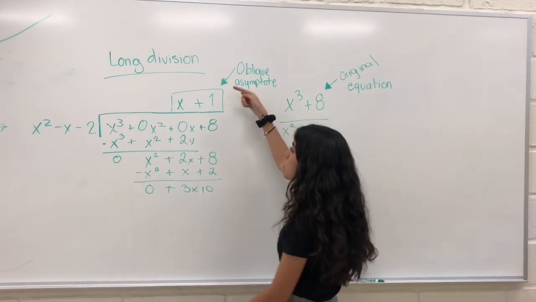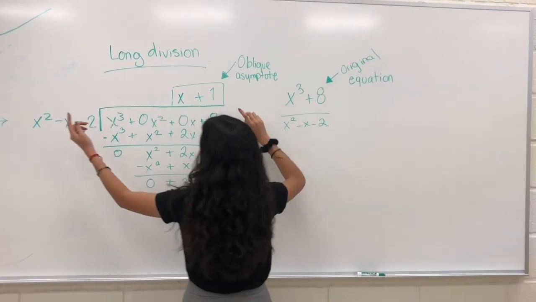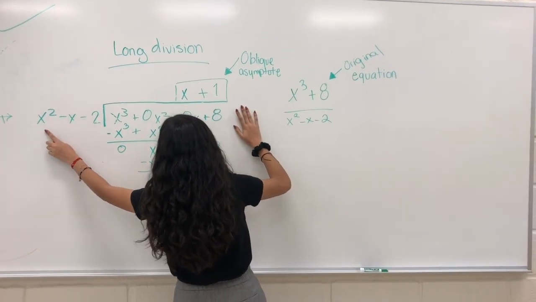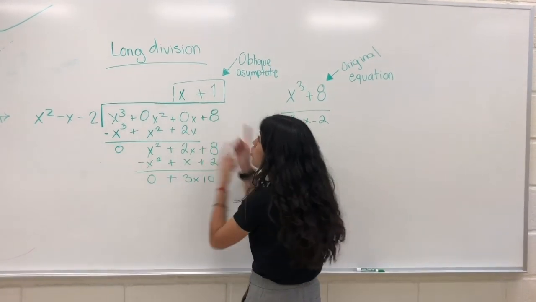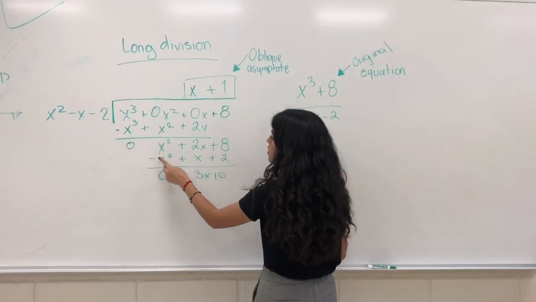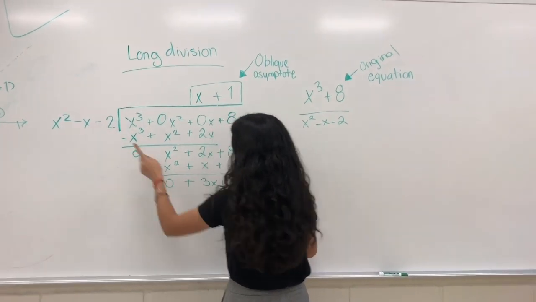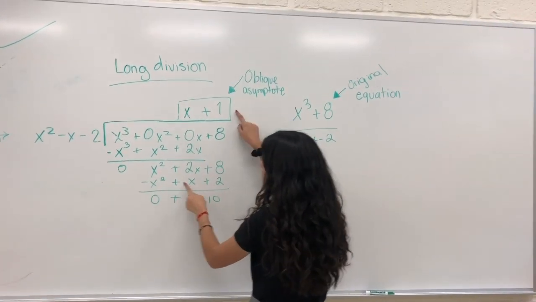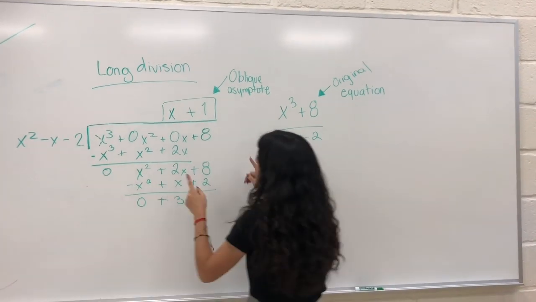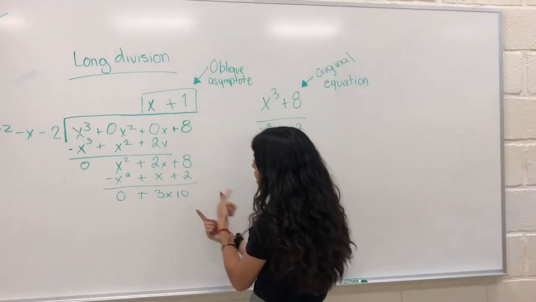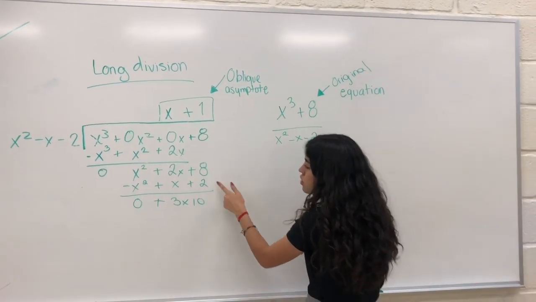Multiplied by 1. So you use 1 multiplied by x to the second power, and you change the sign, so it's minus x to the second power. 1 multiplied by minus x is plus x. 1 multiplied by minus 2 is minus 2, but change the sign to plus 2.